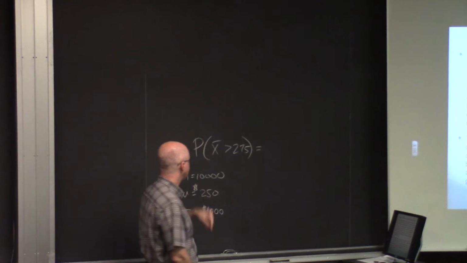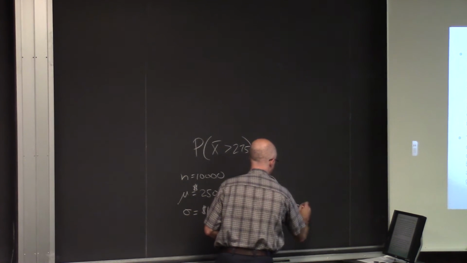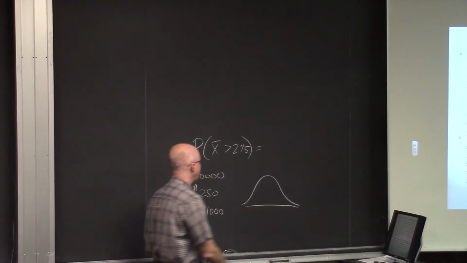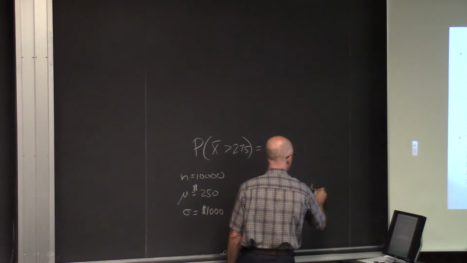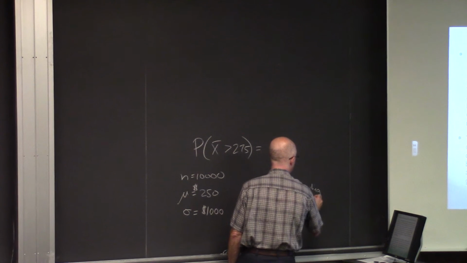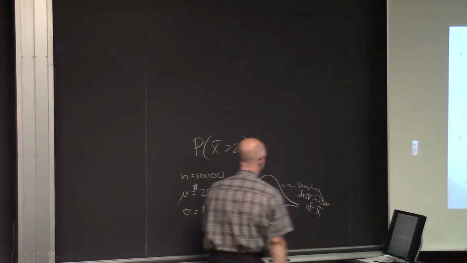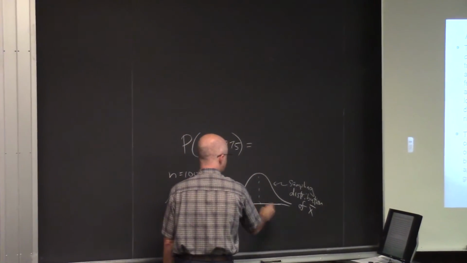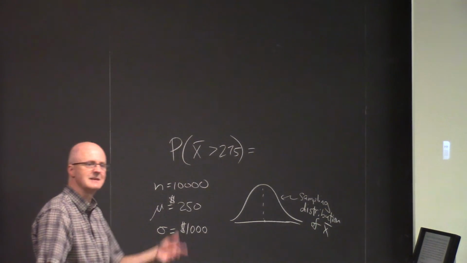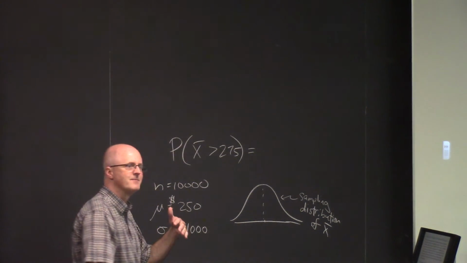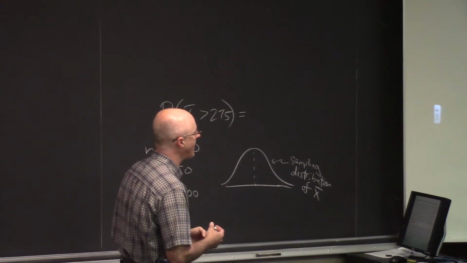Before I try to solve this problem notationally, let's try to estimate the answer graphically. Let's imagine drawing the sampling distribution of X bar. Because of doing simple random sampling, that's what you imagine when you're thinking about selling 10,000 policies. It's not really a random sample, but you can sort of imagine you've sold 10,000 policies to 10,000 random homeowners.